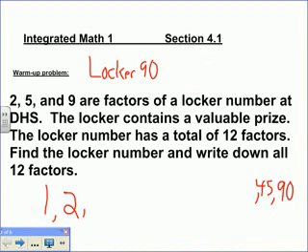Nathaniel, what's the next one? Ben, what's the next pair? 3 and 30. Okay. Gabe, the next pair? 5 and 18.